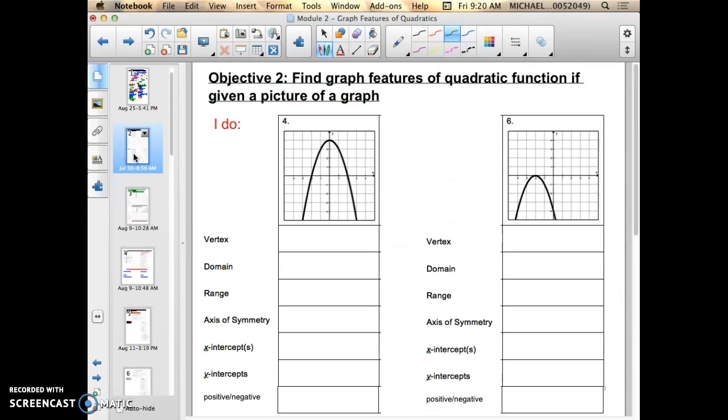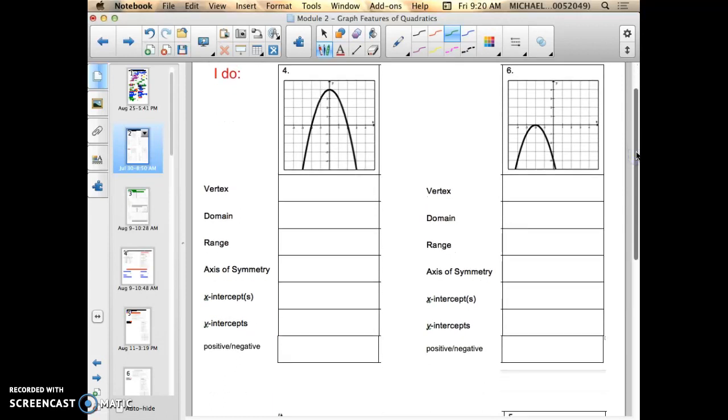So let's begin. If I was given a parabola, like in this problem number 4, I would notice a few key things right away. The first thing I would notice is that it opens down, all right? These endpoints go on forever, and it looks to be like a frowny face. And if you remember from the introduction video, the 2 options are, is this positive or is it negative?